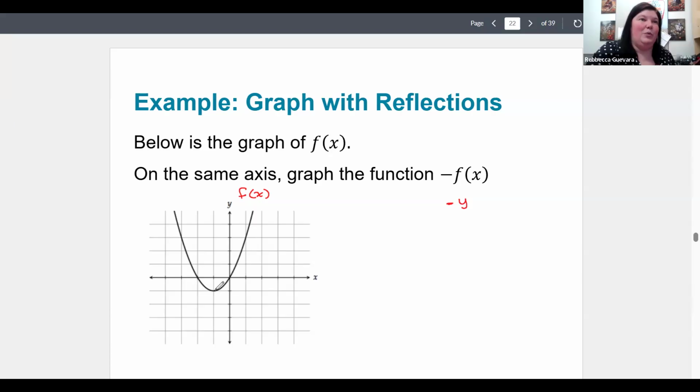So this point here that we have at (negative 1, 1): if we're going to change y from positive to negative, it's going to flip over here and become (negative 1, negative 1). So you're seeing that we're going to reflect over the x-axis.